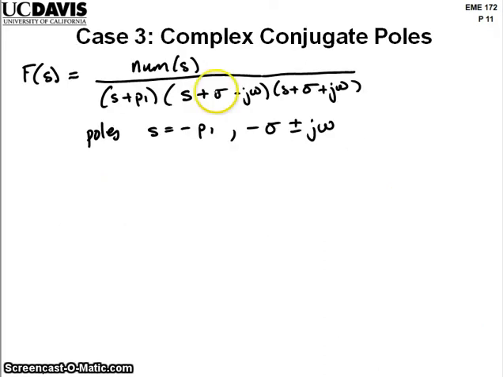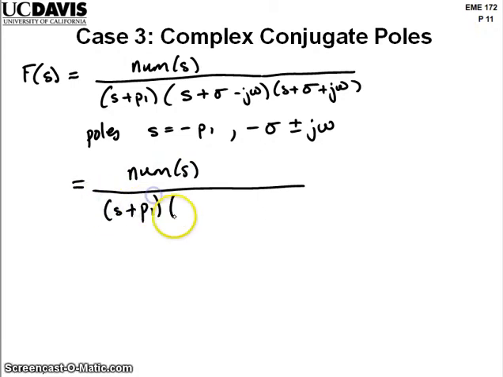Okay? So let's go back to this partial fraction expansion. It looks like this. Now I'm going to write it one slightly different way. Numerator polynomial over s plus p1, and I multiplied this out: s plus sigma squared plus omega squared. Okay, so when I multiply the complex conjugate terms together, I get this: s plus sigma quantity squared plus omega squared.